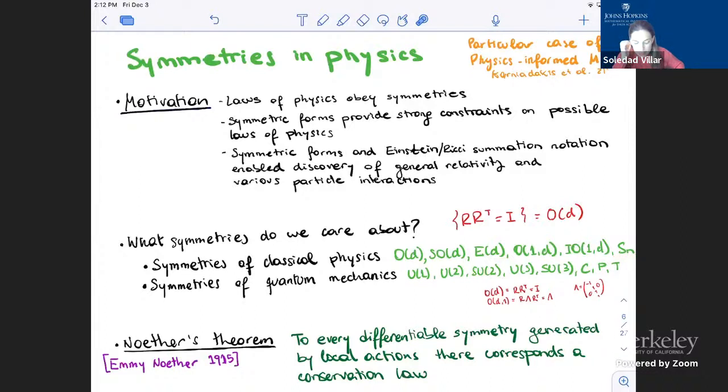And the idea is that if you have a system that satisfies symmetries generated by local actions, then there corresponds a conservation law. This is a deep result by Emmy Noether in 1915, which has deep implications in physics.